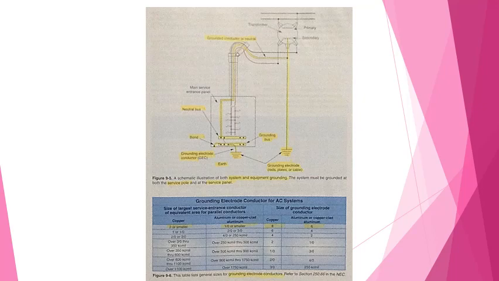Bonding. Bonding means joining all metal parts of the wiring system, like boxes, cabinets, enclosures, and conduits, together. Bonding ensures having good continuous metallic connections throughout.